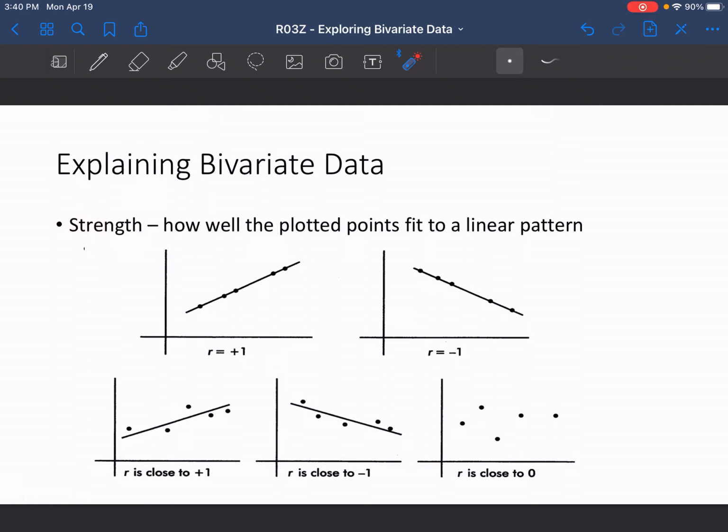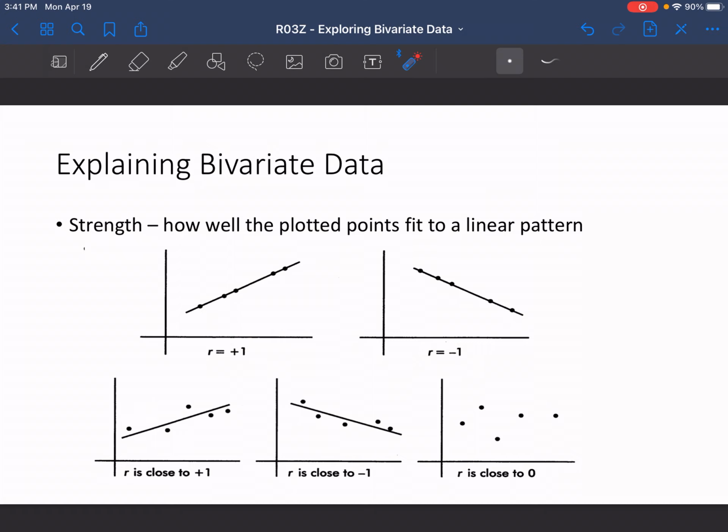We also have strength when we're talking about scatter plots. That's how well the plotted points fit to a linear pattern. So if the plotted points are very much in line, either positively or negatively, that means that R is going to be either very close to 1 or very close to -1, or right at 1 or right at -1.